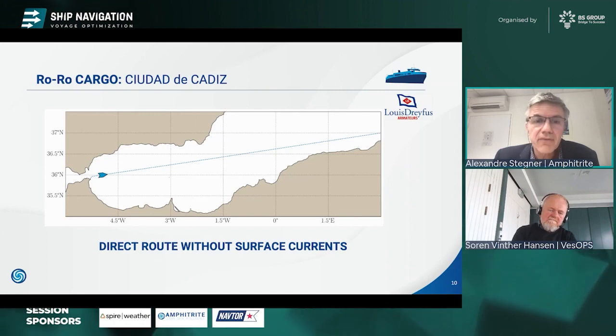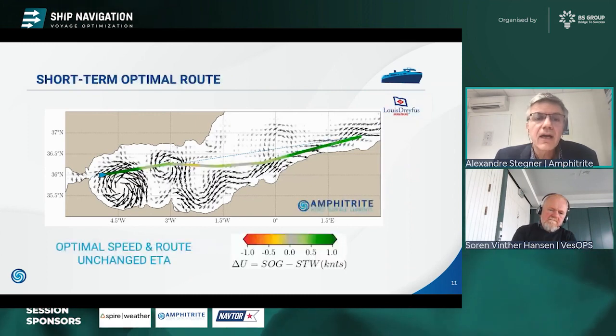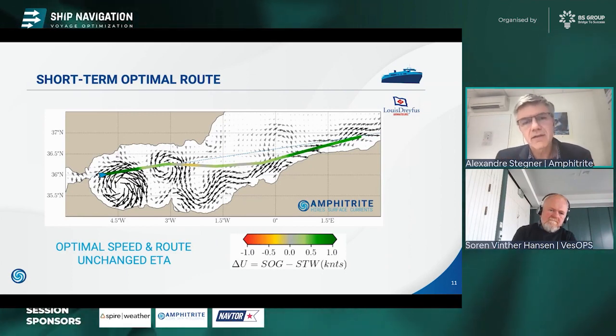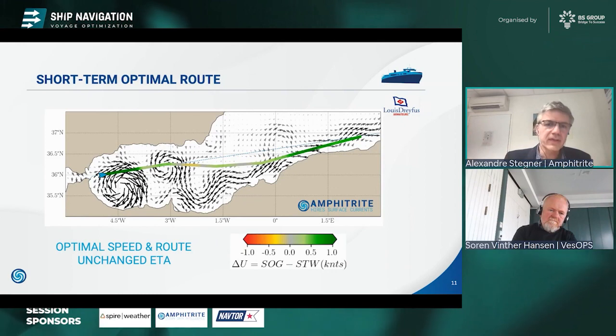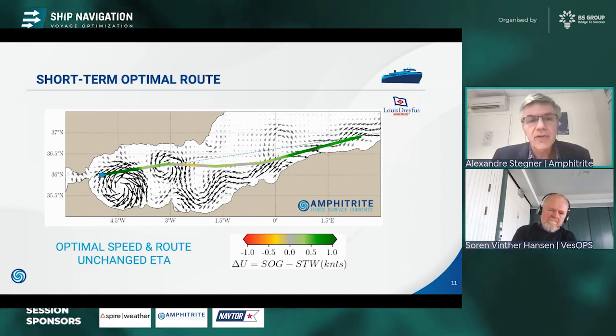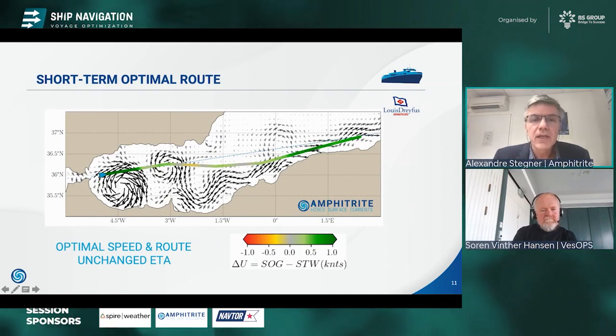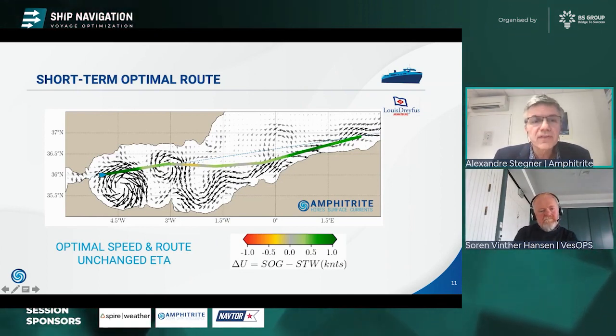But if now you have exactly the information, what these currents are for the next days or the next 2 days, so it's a short-term forecast, not a long-term forecast, we are starting from observation. On this short-term forecast, we are able to propose an optimized route. What you see here in green is the impact of the currents on the ship track.